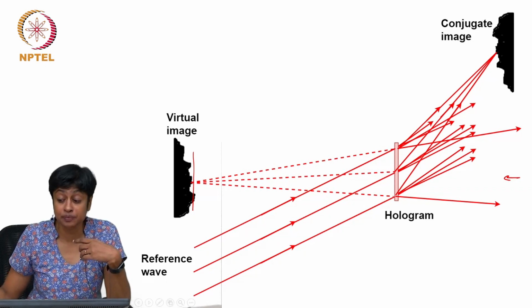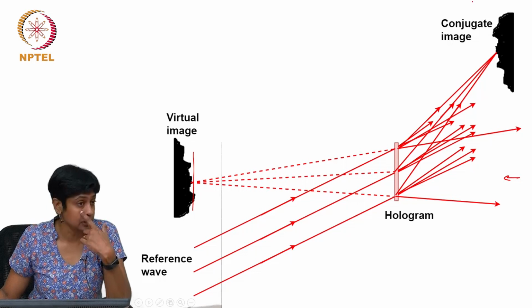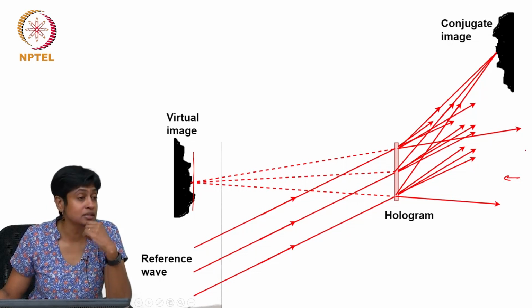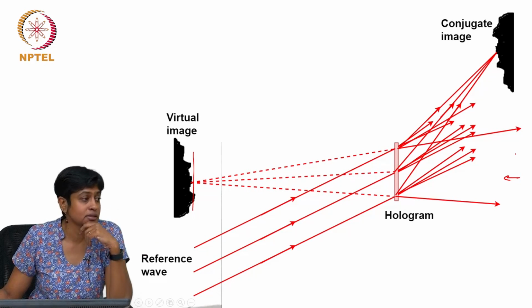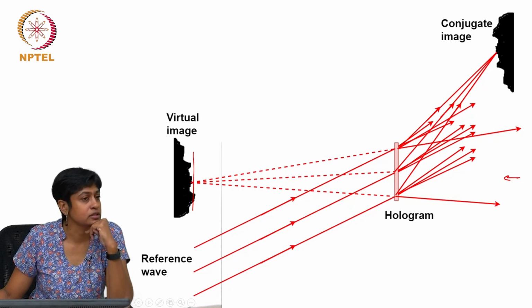So the thing is, we say conjugate image here. How do you think this image is different from an image you see in a magazine or on your TV screen or on your phone? How is this image different from an image taken by a camera?